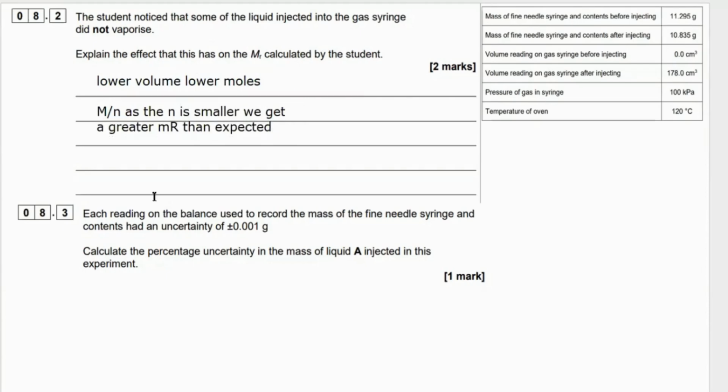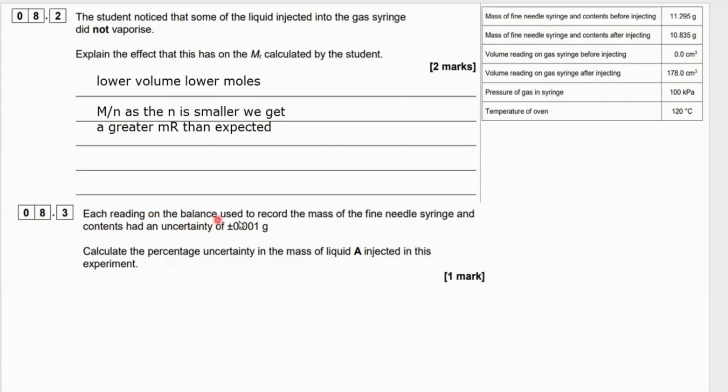So you get a smaller volume because less is vaporized. So smaller volume, that's your P times V is smaller, which means that when we do PV over RT, we get a smaller N, which is the moles. And then when we do mass over N, we get a greater answer because the N at the bottom is smaller in that equation. So our MR is greater than expected. And that's a very common question on these.